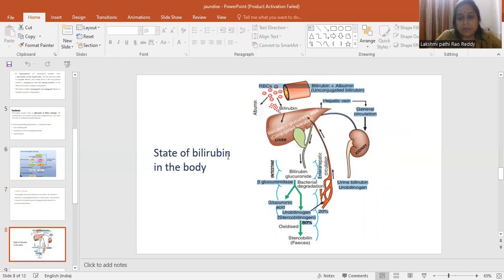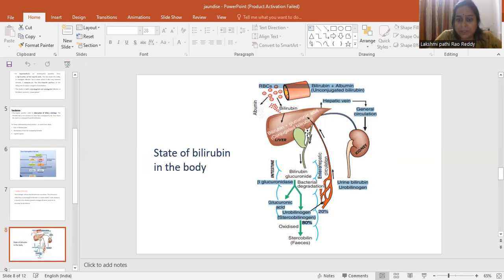Now in this diagram we can also see that this RBC is destroyed after 120 days. Then this bilirubin will bind with glucuronic acid, which is called conjugated bilirubin.